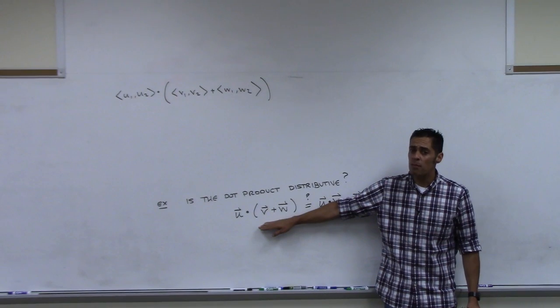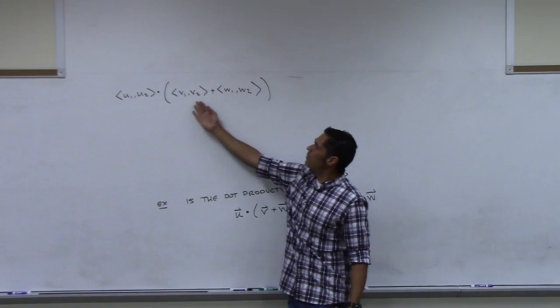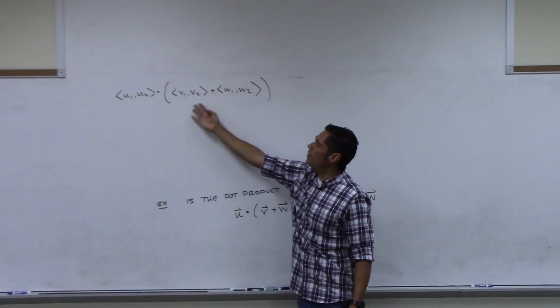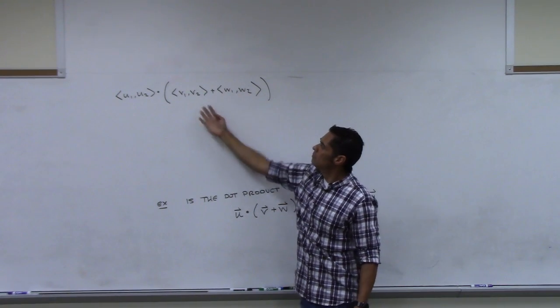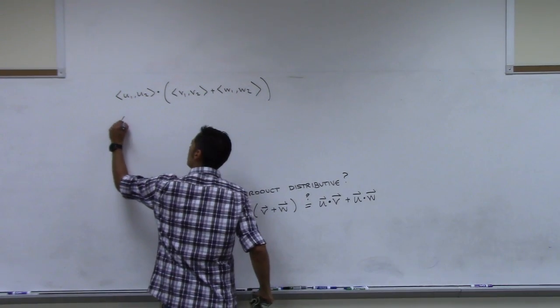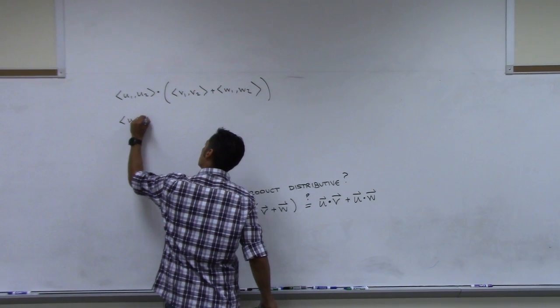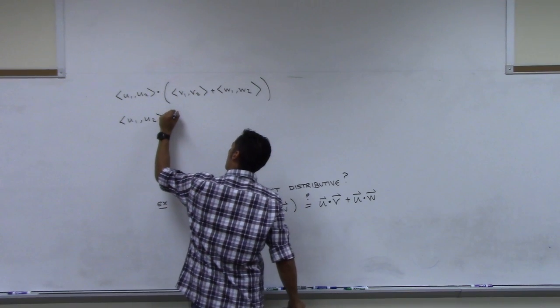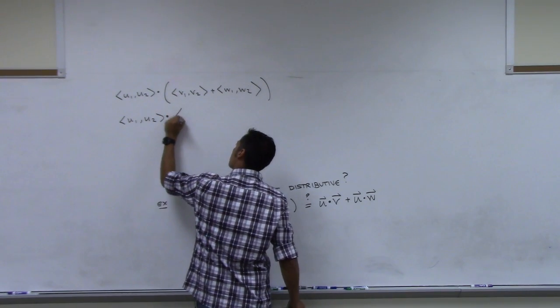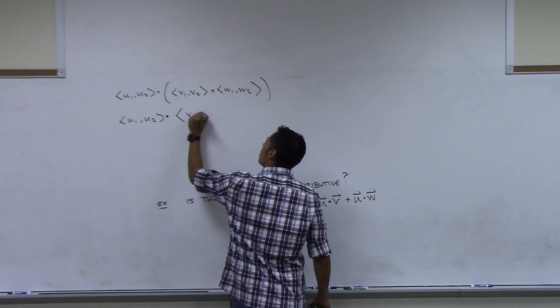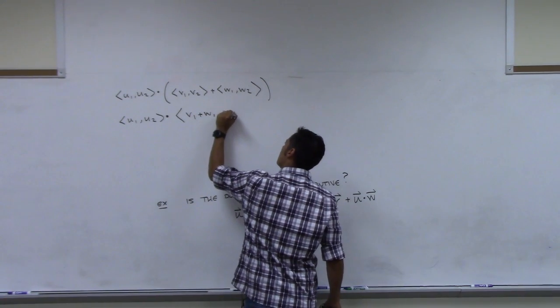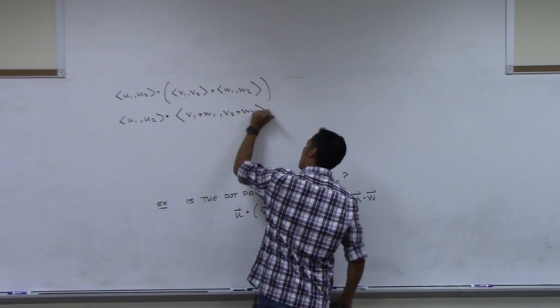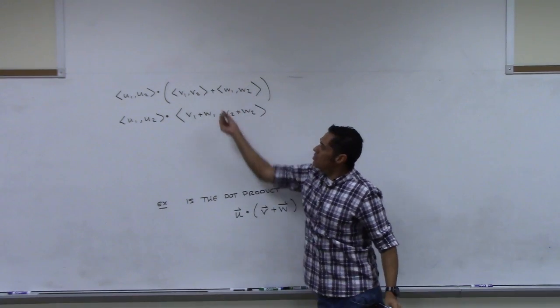Okay, let's do order of operations. Let's do what's in parentheses first. How do you add these two together? How do you add two vectors together? We talked about that a little while ago. Yep. So this is going to be a new vector, V1 plus W1, V2 plus W2. So that's the new vector I get when I add those two together, right?